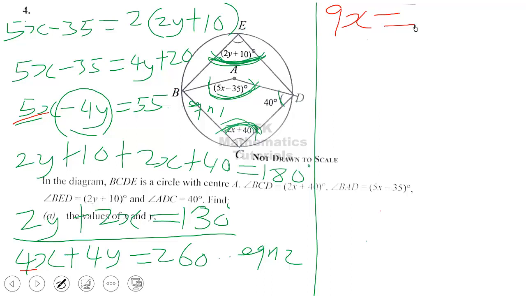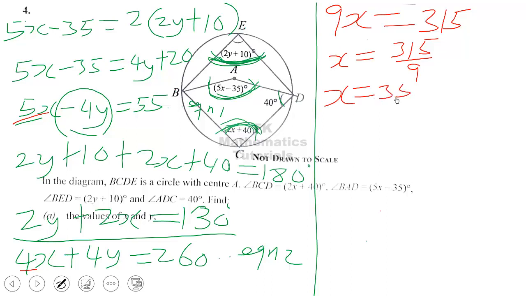Then 260 plus 55 will be 315. So we divide both sides by 9. So x is equal to 315 divided by 9, and that will give us 35.